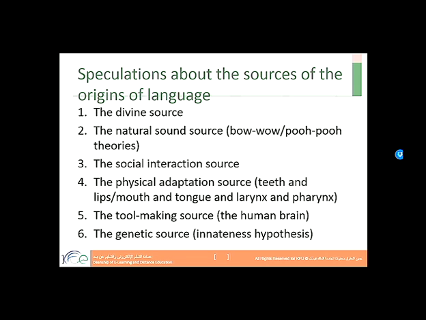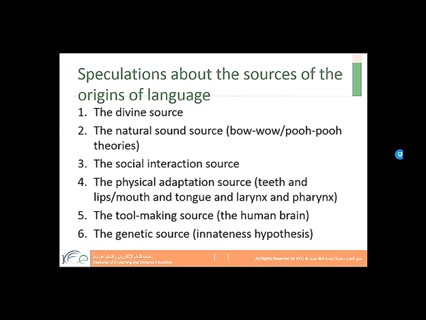We'll be talking about these two theories. Another source is the social interaction source, the physical adaptation source, which includes teeth and lips, mouth and tongue, and larynx and pharynx, the tool-making source and its relationship to the human brain, and the genetic source. Okay, so we have six main different sources of the origins of language.